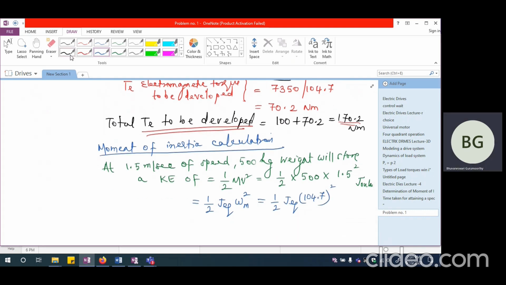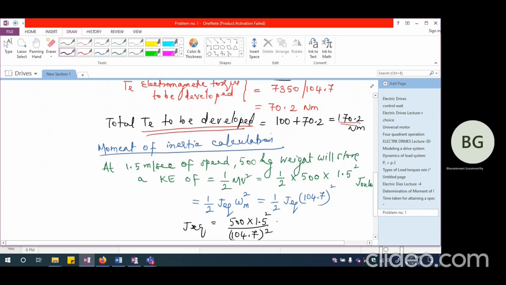So from this, I should be able to say J equivalent should be equal to 500 multiplied by 1.5 square divided by 104.7 whole square. So this is the J equivalent or equivalent moment of inertia posed by this 500 kg load when it is moving at 1.5 meter per second when you visualize it from the motor shaft. So this comes out to be 0.1026 kg meter square.